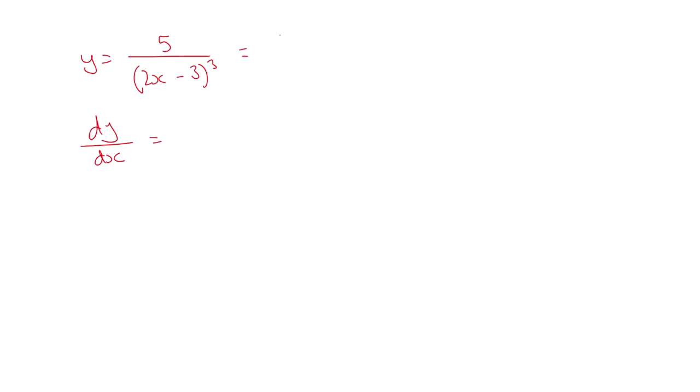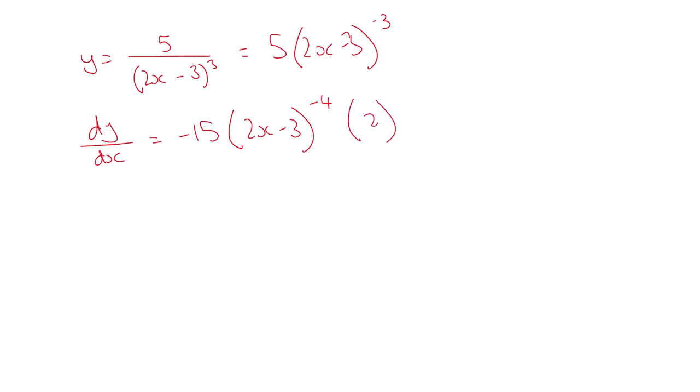So I get 5 times (2x minus 3) to the power of negative 3. I make the power negative. So my derivative is negative 15, times 2, because 2 is the derivative of the brackets. So I end up with negative 30 over (2x minus 3) to the power of 4.